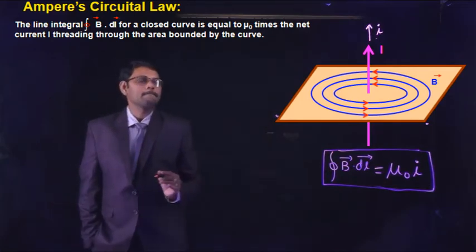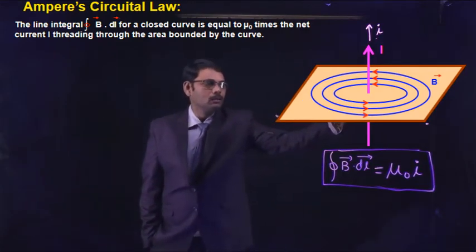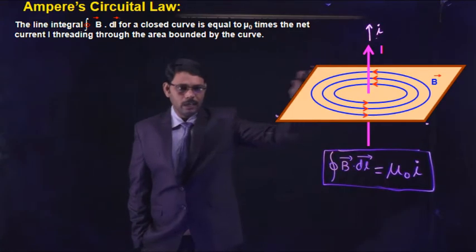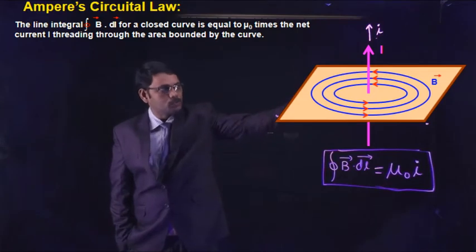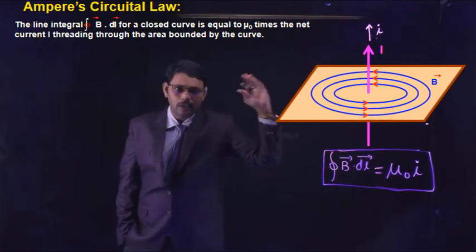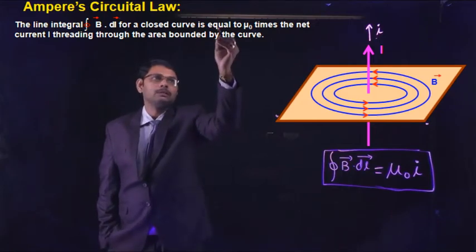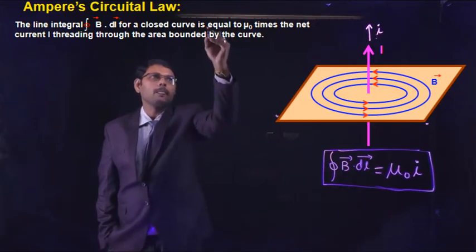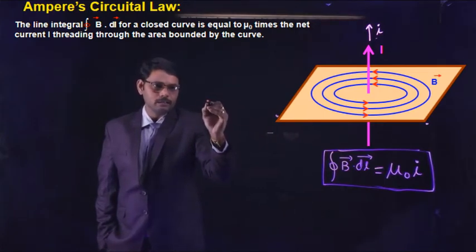For that, I pick up one loop from the given diagram. In the diagram there are so many loops; let us consider 3 loops around the current carrying wire, and take one loop among them.